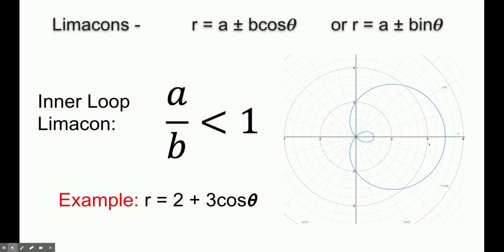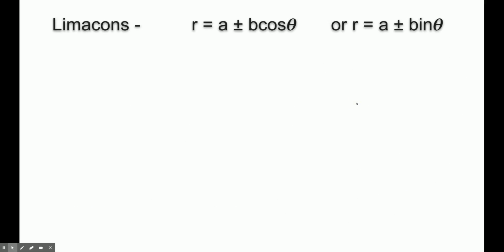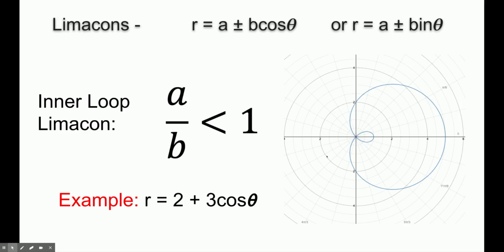Why? Well, when we go around our circle, when theta is 0, cosine of 0 is 1, 3 plus 2 is 5. That's the farthest away you'll be. When theta is pi over 2, 0 plus 2 is 2. You're here, right? When theta is pi, 2 plus 3 times negative 1 is negative 1.